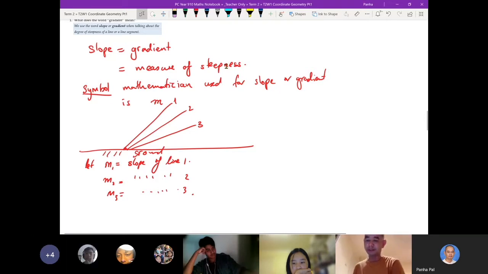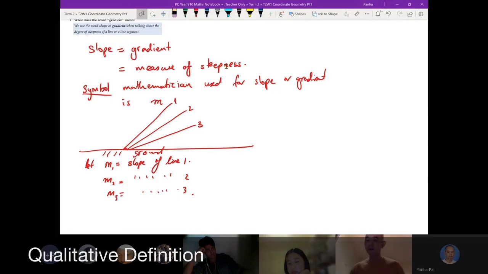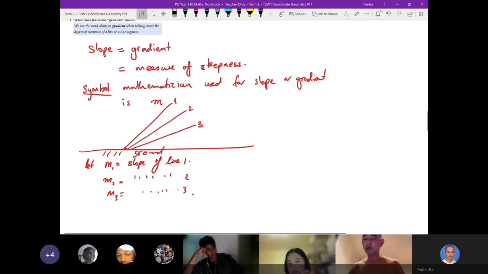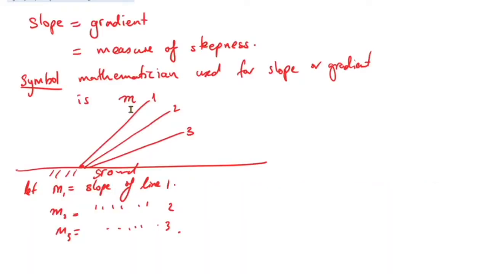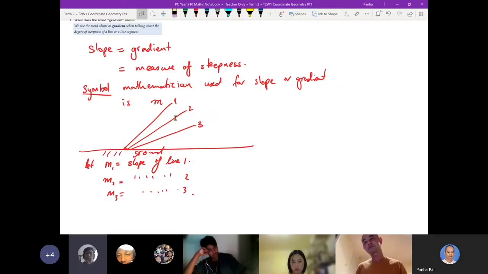Yes. Measure of steepness. All this here is all qualitative, which means we're using quality to describe slope. Imagine if I can describe it in terms of a number or a quantity. Which of the lines here, line 1, line 2, line 3, would have the greatest slope if you can measure it as a number? Line 1. Why is that? It's the steepest. That's it.